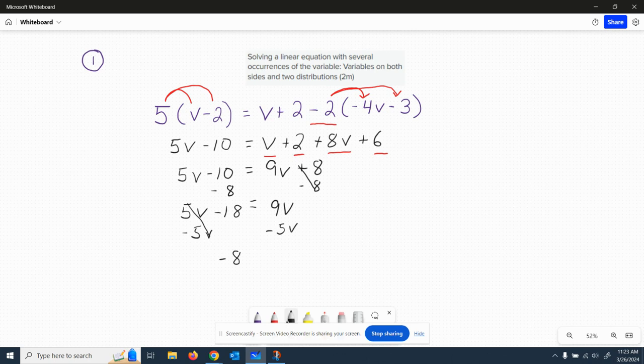Minus 18 equals 9 minus 5, it's going to leave me with 4v. I divide both sides by 4 because I want to get rid of my 4. That leaves me with negative 18 fourths. If you look at that, they can both divide by 2. That leaves me with negative 9 halves.